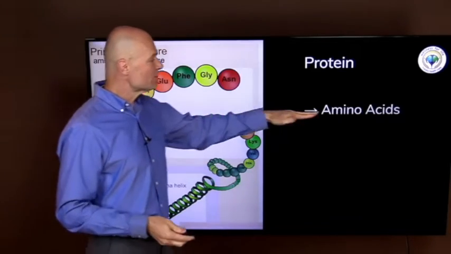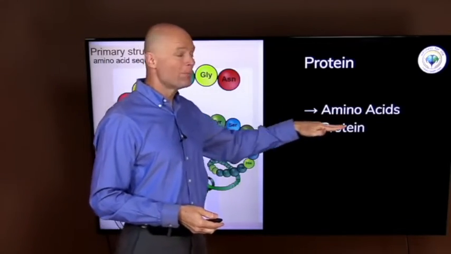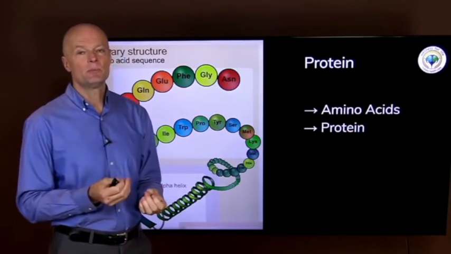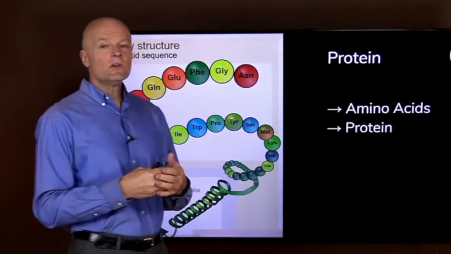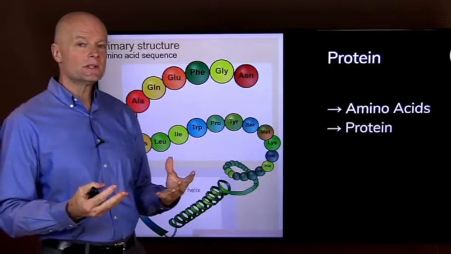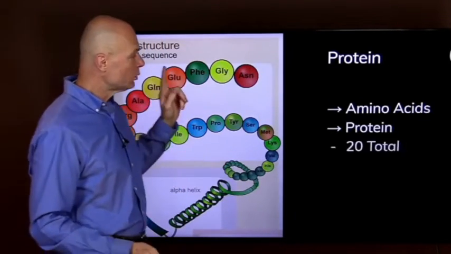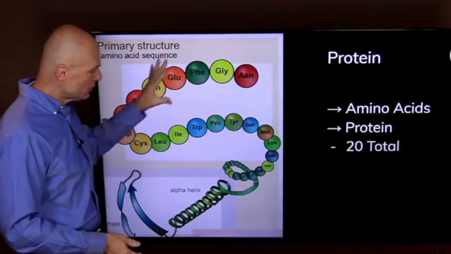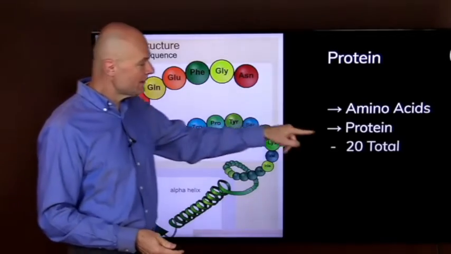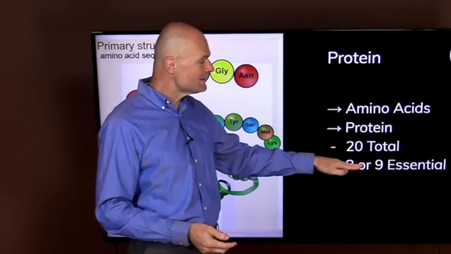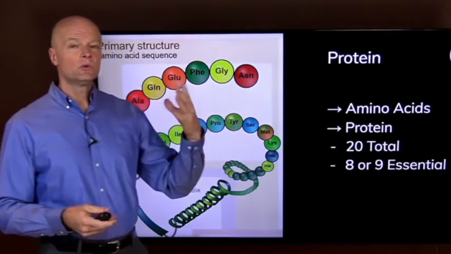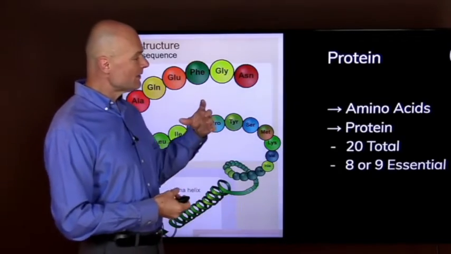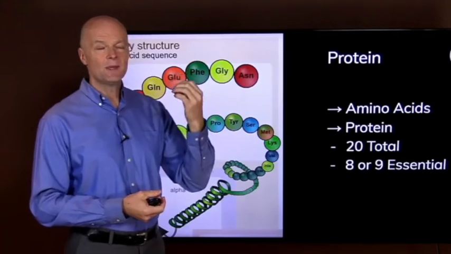And then once we've absorbed them, we are putting them back into other proteins that have specific purposes in the body. Even though there are hundreds or even thousands of amino acids, there are 20 that are used in the human body to configure these proteins. Out of these 20, there are 8 or 9, depending on who you talk to, that are essential, meaning that we have to add them in the diet.